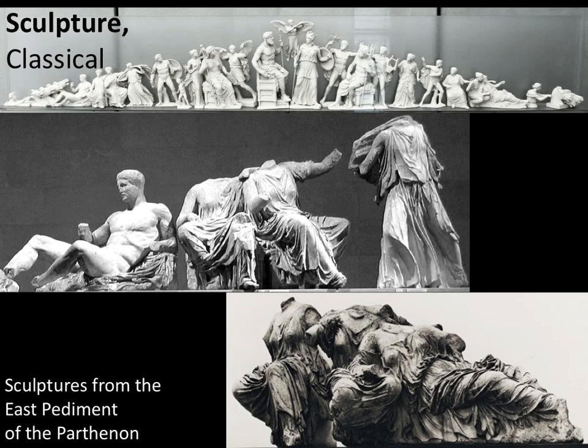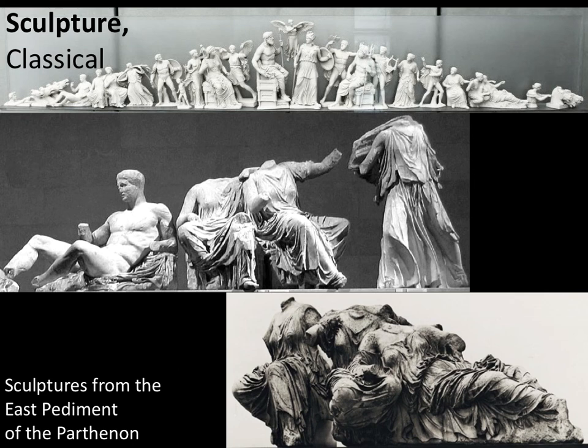In the middle and the bottom images here, these are pieces that were literally lifted out of the Parthenon. They now live in London in the British Museum. So these are sculptures from that East pediment that we were looking at. And while they're not portraits, they definitely are in much more casual positions, right? There is a sense of movement to each one of these.